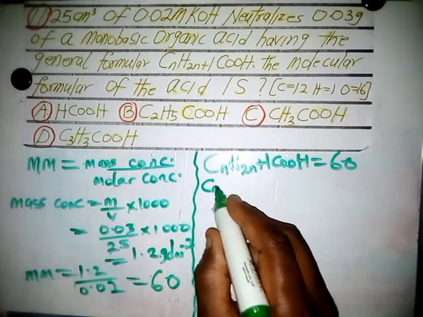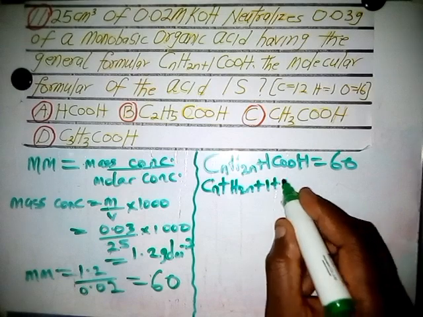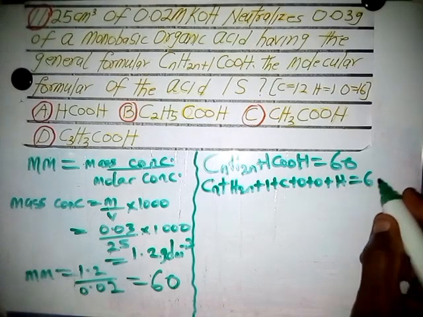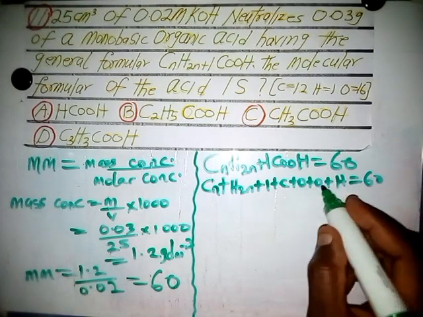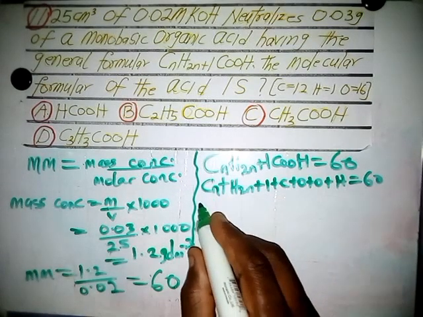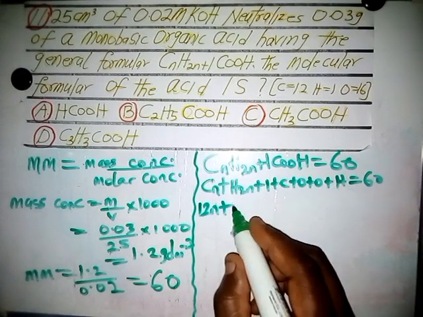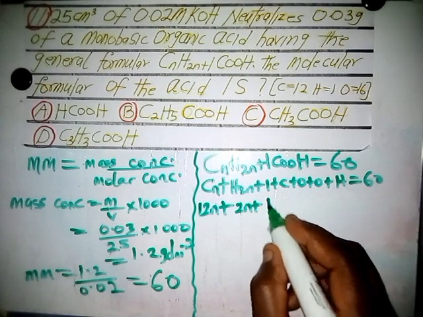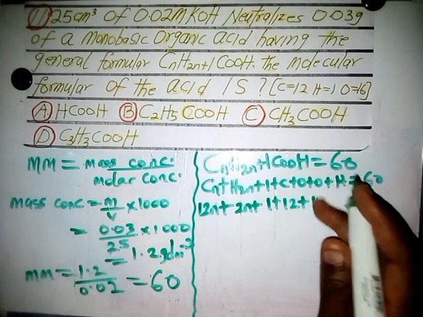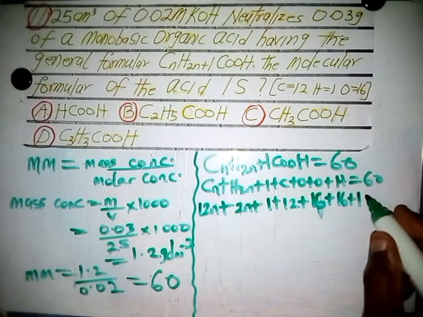This is like saying Cn plus H2n+1 plus CO plus O plus H equals 60. If C is 12, this is 12n plus, H is 1, 2n times 1 is 2n, plus 1, plus 12, plus 16, plus 16, plus 1 equals 60.